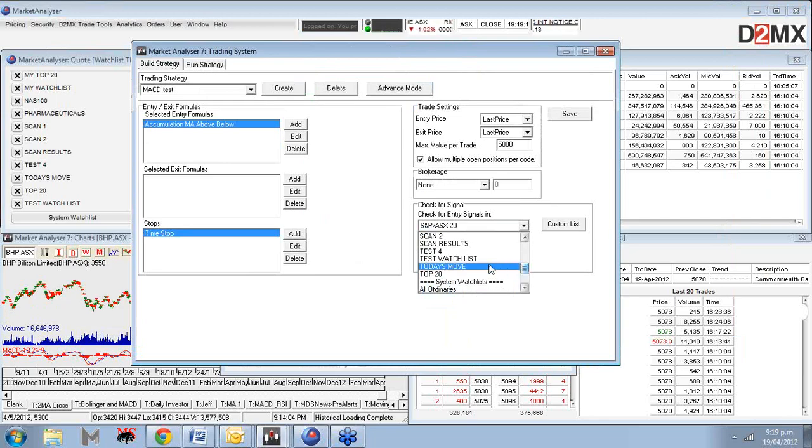So top 20, there's a test watch list there. So that's how you do it, Wayne, how you can get it across into there. You can take analyzer results, you can take trading system results and put them into watch lists so that you can do further analysis on them.